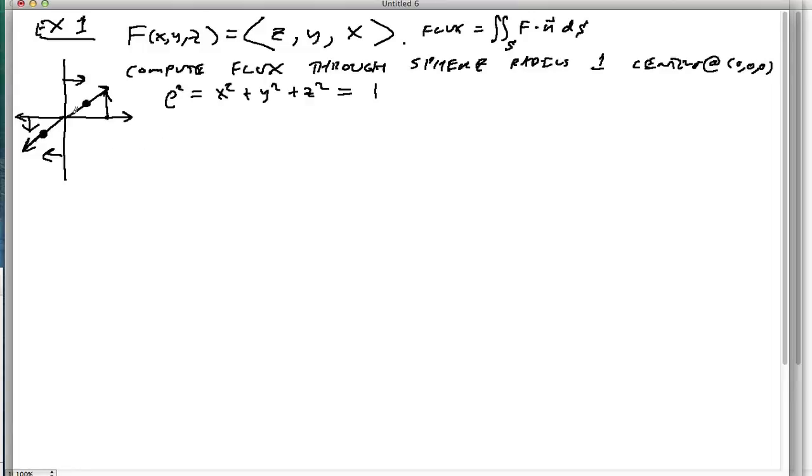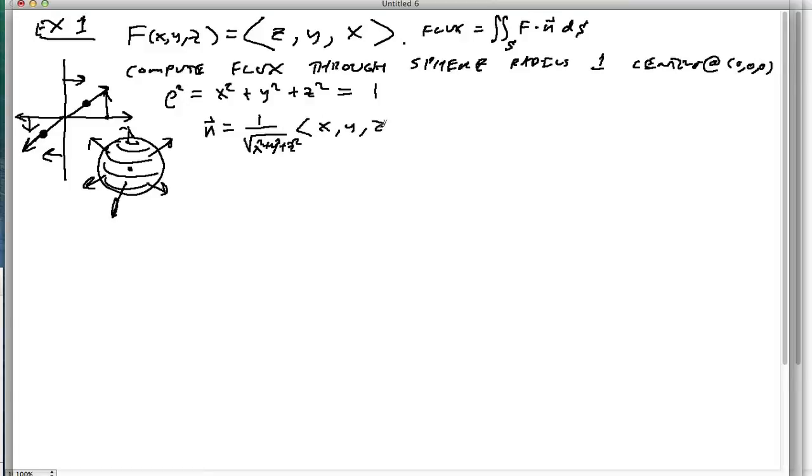Okay, and so we need to find this normal vector. If we draw a sphere, we know it's always going to be pointing directly out away from the origin. Everywhere we go, we're just going to be pointing directly out from it. So we know that the normal is going to be, we need it to be unit length, so it's going to be 1 over the square root of x squared plus y squared plus z squared times x, y, z.